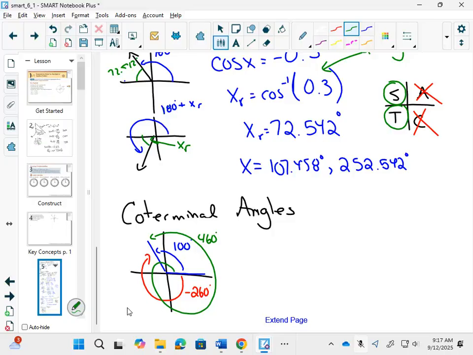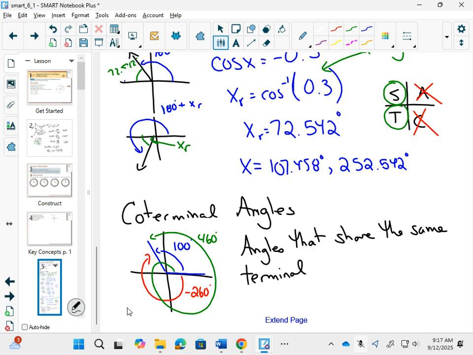So coterminal angles are angles that all end or share the same terminal arm. Basically they end at the same place.